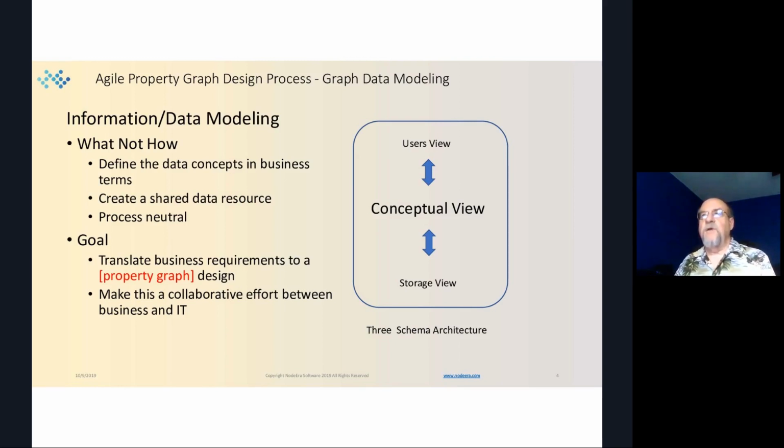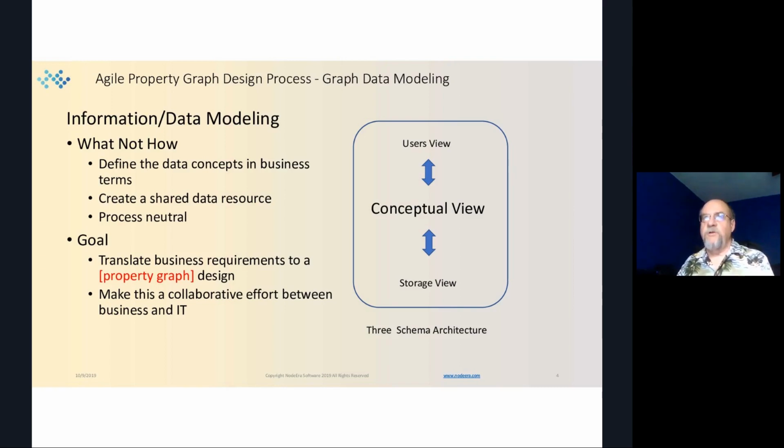And in the earlier days, the mistake people would make, and I think we still tend to make this mistake today, is you look at a user view and you map that right down to your storage, and you build a data design strictly for a particular user's view. And when you do that, it's not reusable, it's not shareable, and you're ultimately going to have to be constantly redoing it.